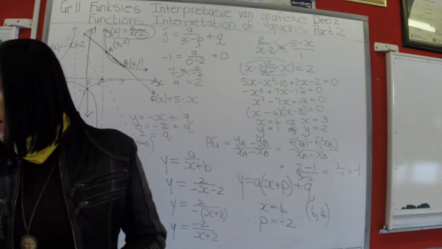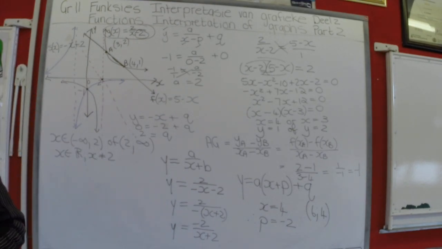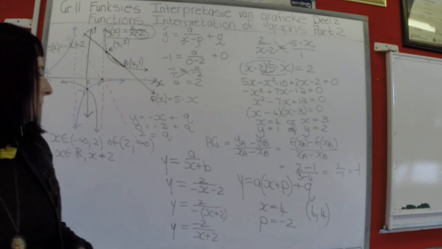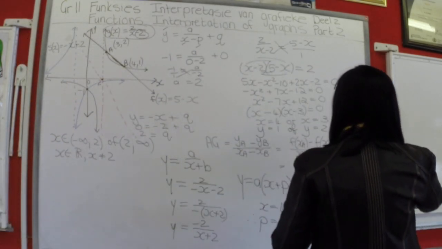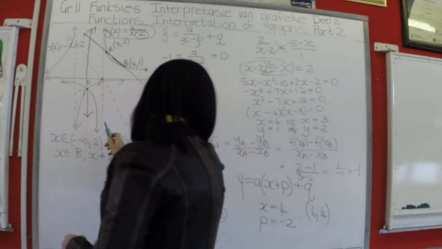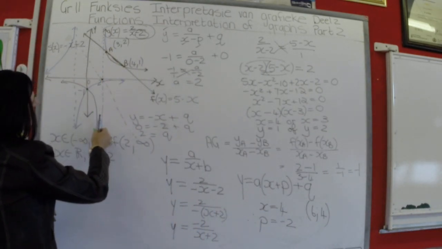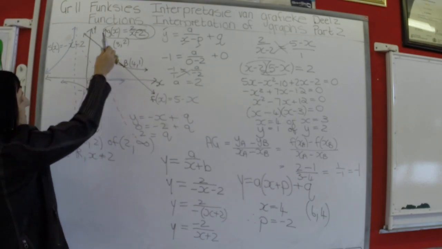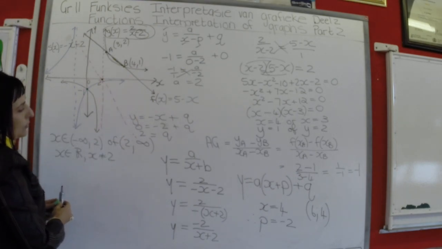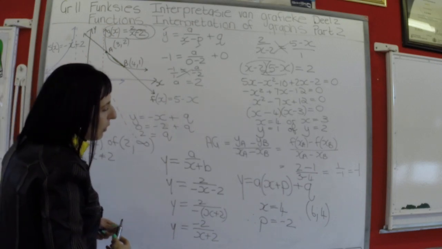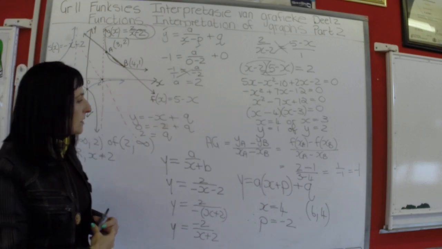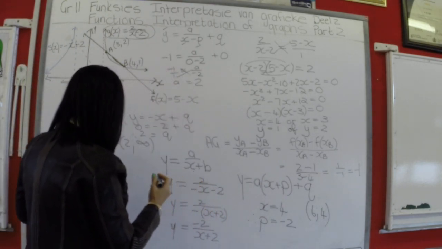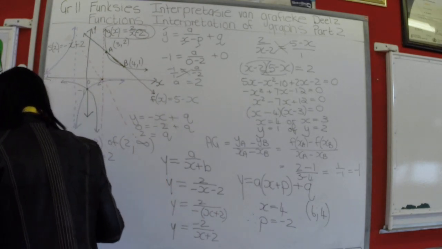Right? And now if you think of this, the vertical asymptote is not at 2 anymore, but it's now at 4. So it moved 2 units more to the right, isn't it?